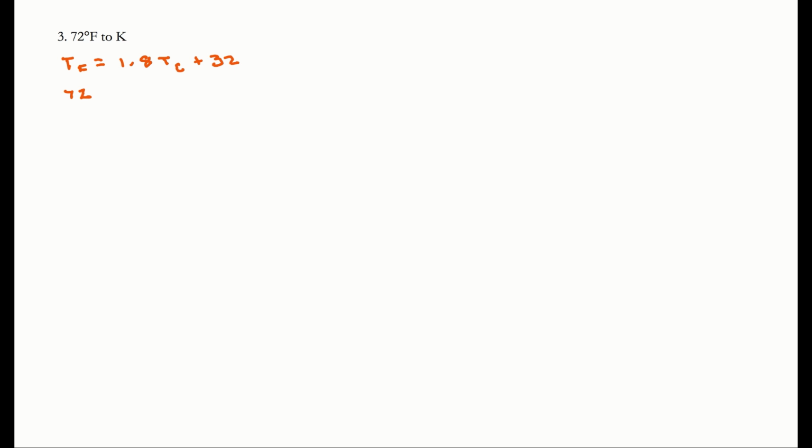So my temperature in Fahrenheit is 72 equals 1.8 times my temperature in Celsius plus 32. So what I'm going to do is I'm going to subtract 72 minus 32 and divide by 1.8. And the value I get for my temperature in Celsius is 22, it's a repeating number, but 22.22, I'm going to say, degrees Celsius. Okay.